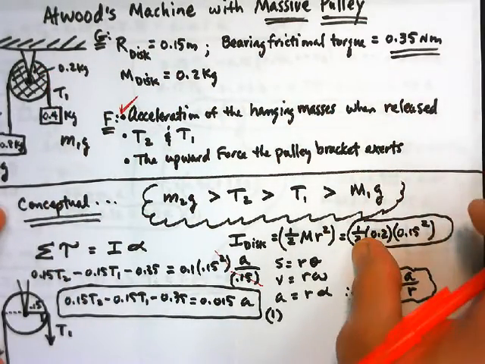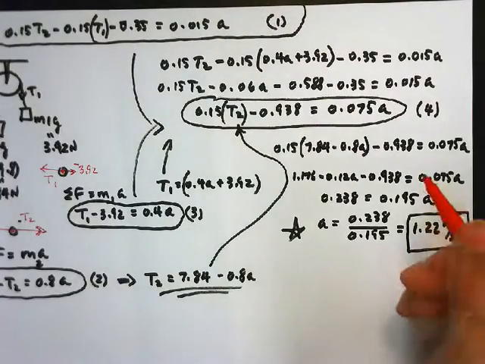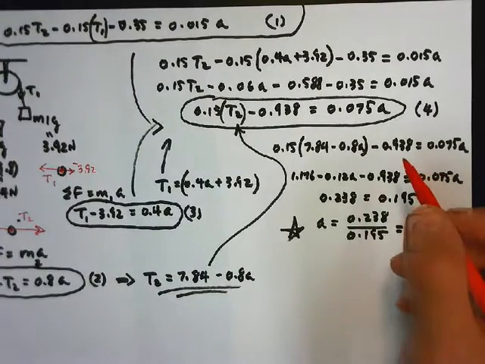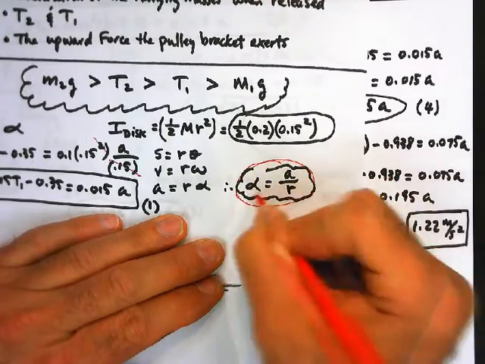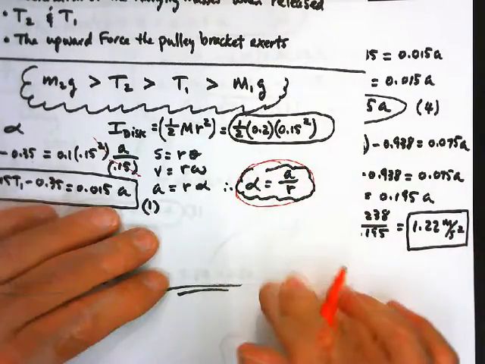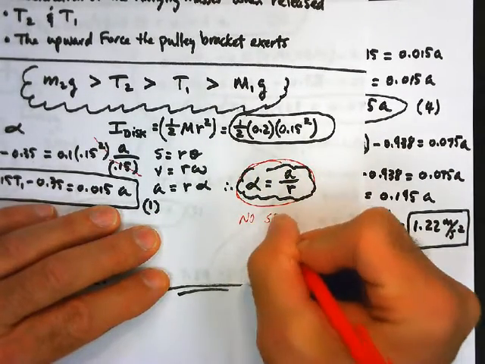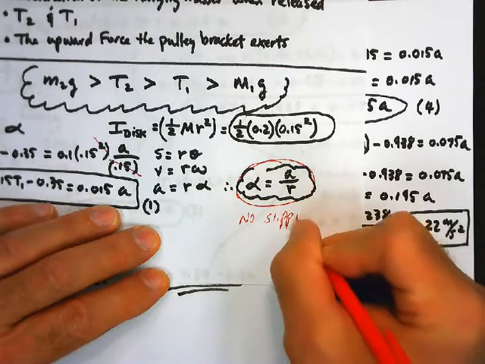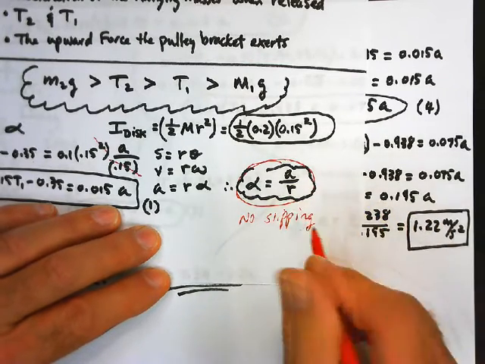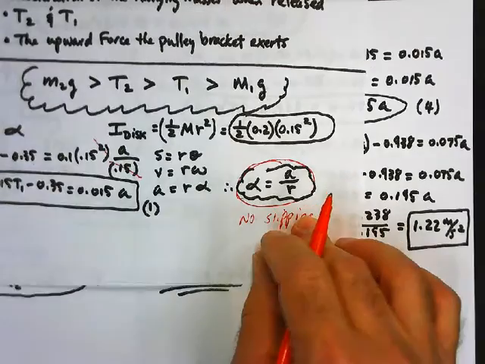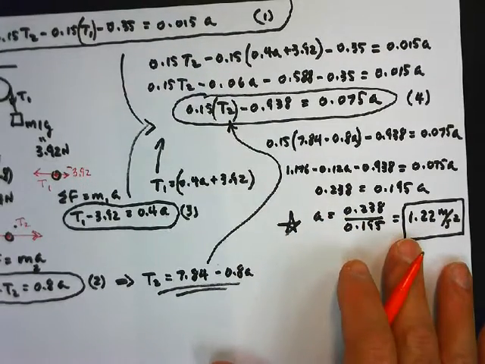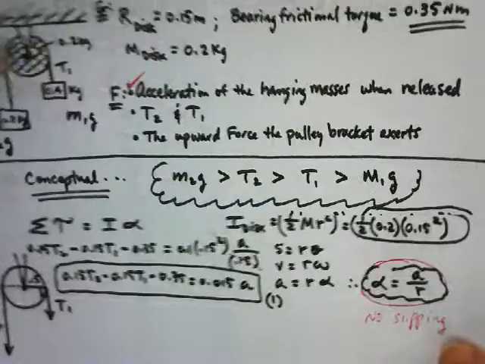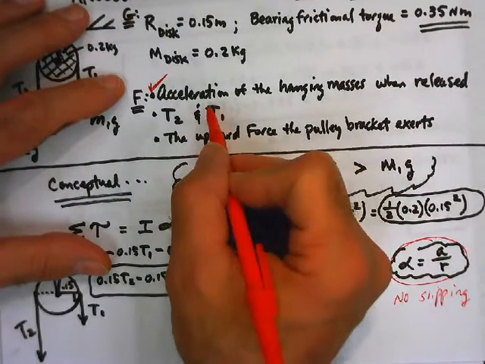That's why we could use this relationship here, because there was no slipping along the rim of the disk. All right. Now, we also have a couple other things we need to find out. We need to find what T2 and T1 are.